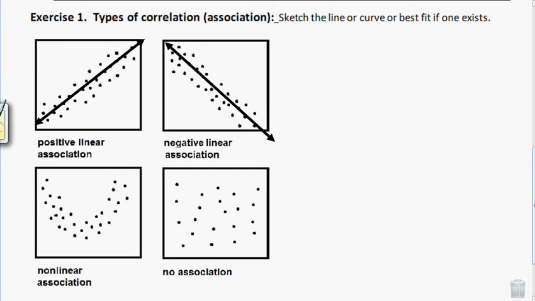So there's a rule that we follow actually when we're drawing this line that represents the path of the points.